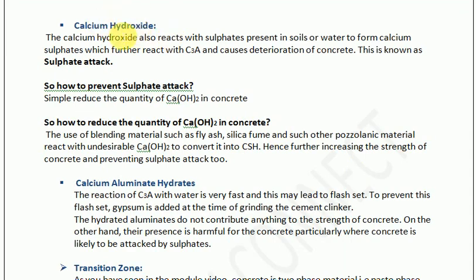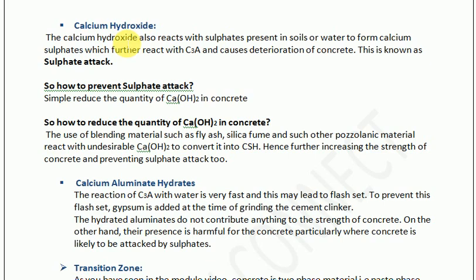Calcium hydroxide also reacts with sulfates present in soil or water to form calcium sulfate, which further reacts with tricalcium aluminate and causes deterioration of concrete. This is known as the sulfate attack. Now in our quest to find the reason why calcium hydroxide is undesirable, here is the answer. Calcium hydroxide is a byproduct of the cement-water reaction.